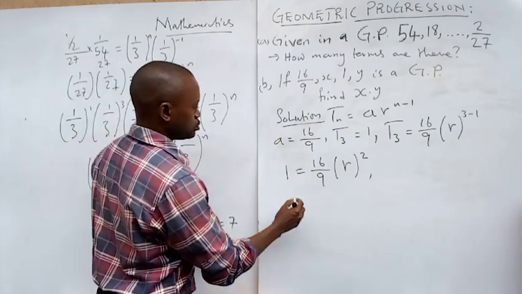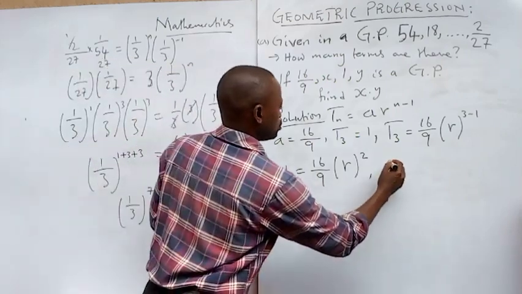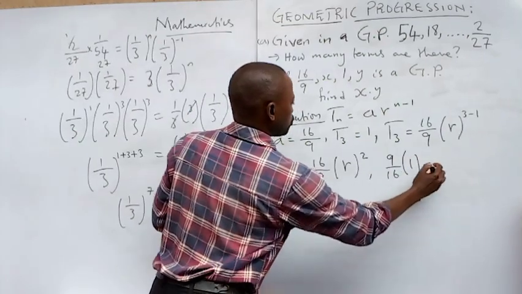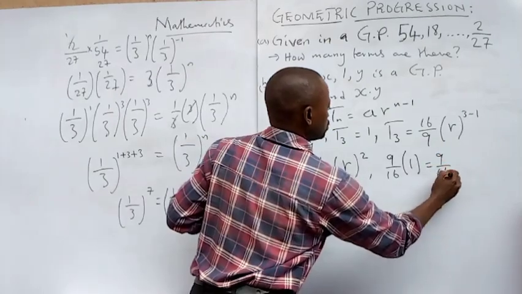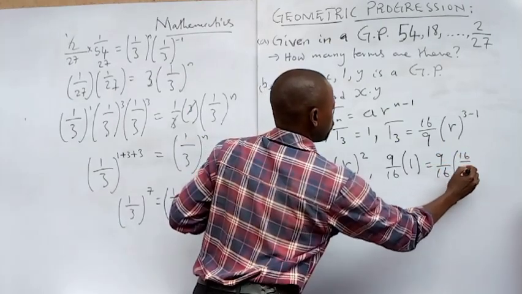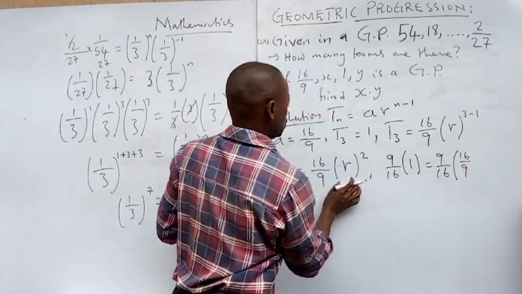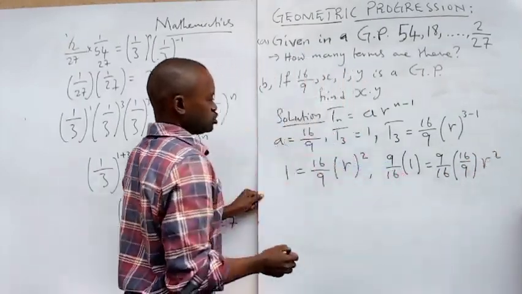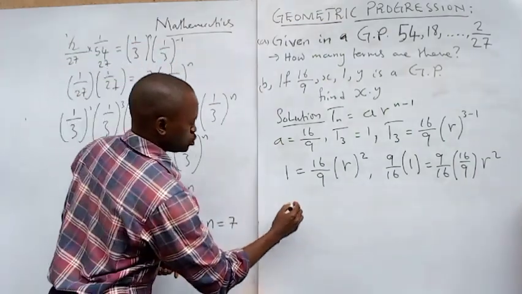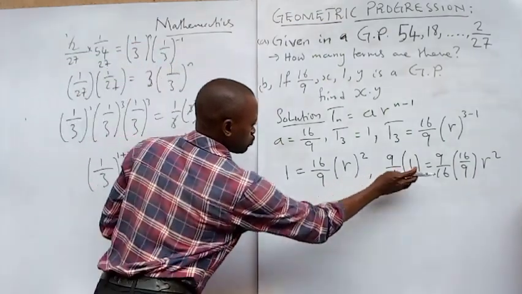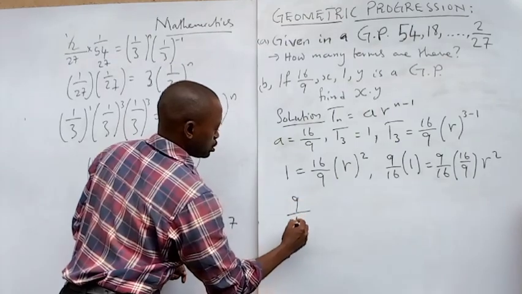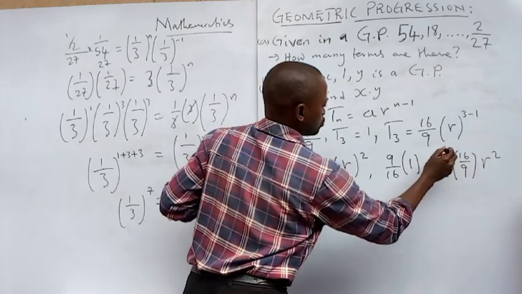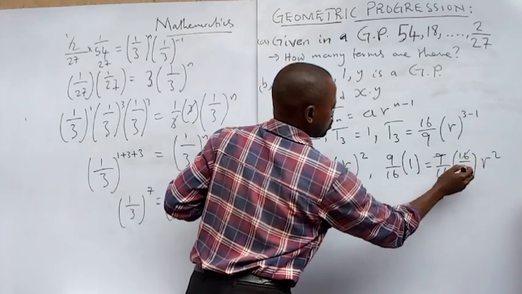So I will have 9 over 16 in bracket 1 equals 9 over 16 in bracket 16 over 9, which is against R raised to power 2. I'm sure that is very clear. So we have 9 over 16 times 1 will give us 9 over 16, equals 9 over 16 times 16 over 9. We clear this, okay?